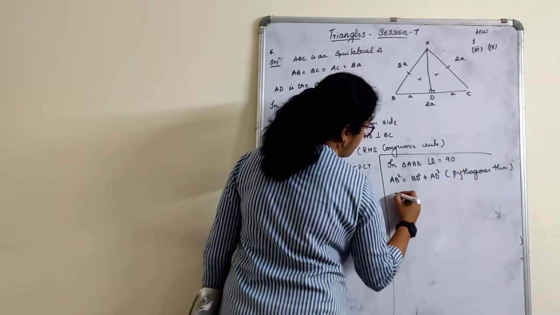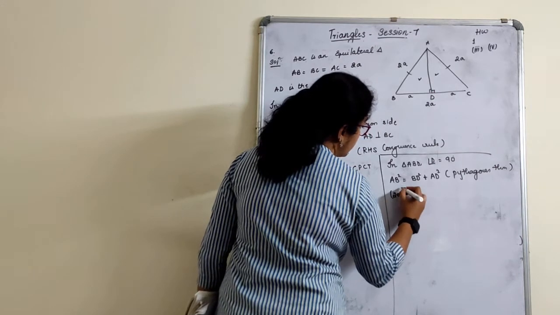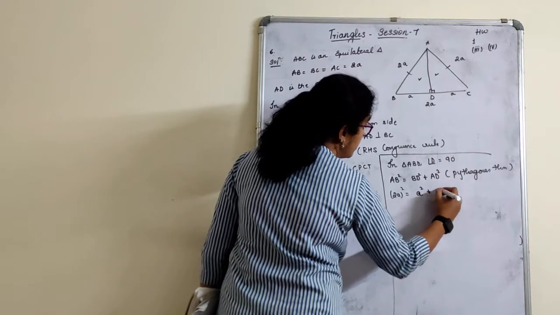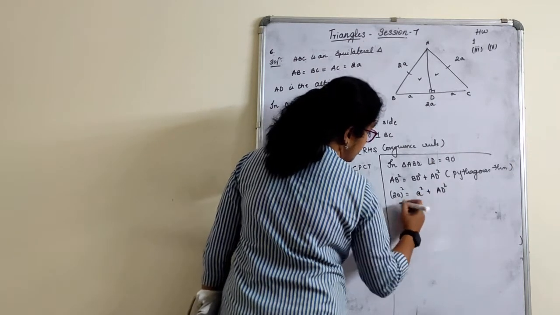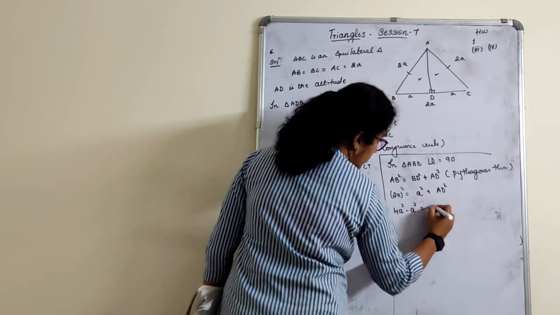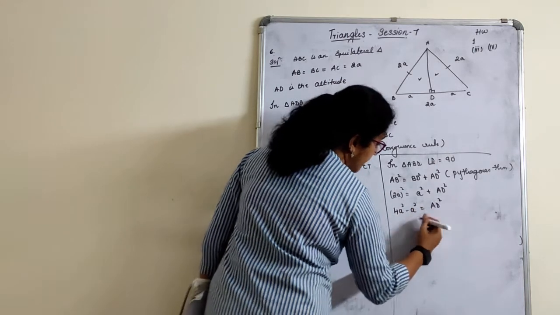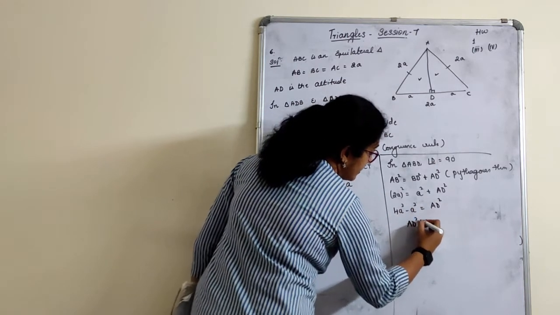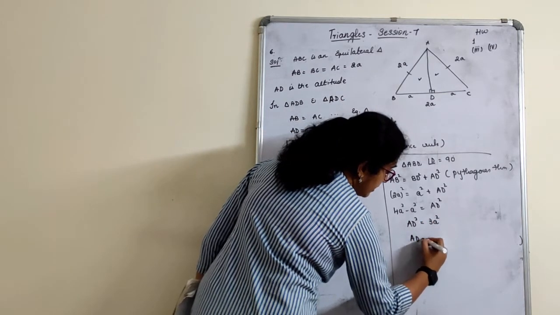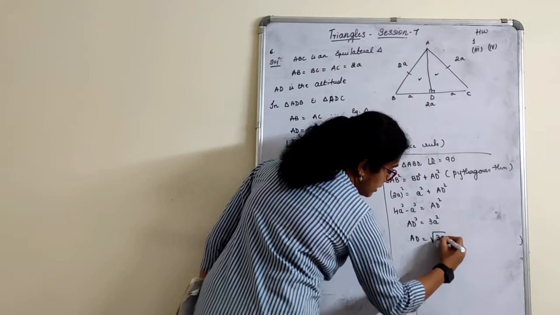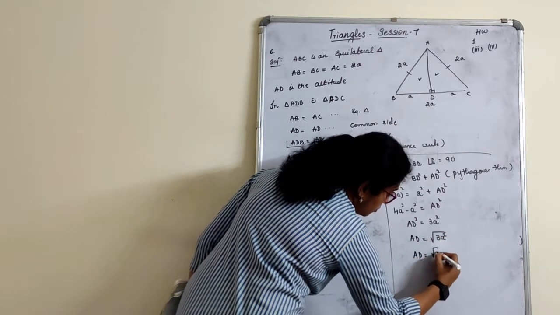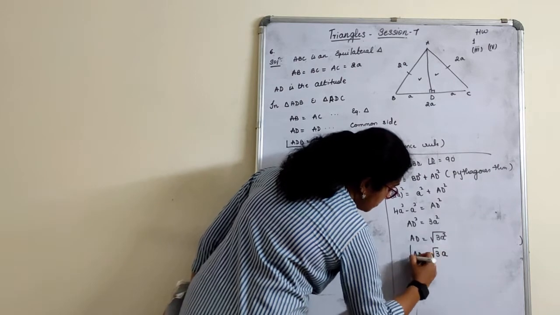Substitute the values. 2A whole square is equal to BD is A square plus AD square. 4A square minus A square is equal to AD square. AD square is equal to 3A square. AD is equal to root 3A square. AD is equal to root 3A.